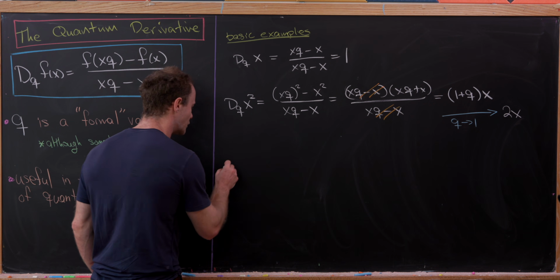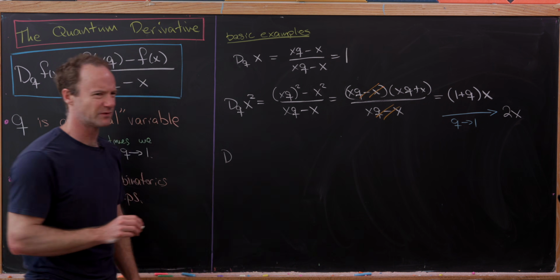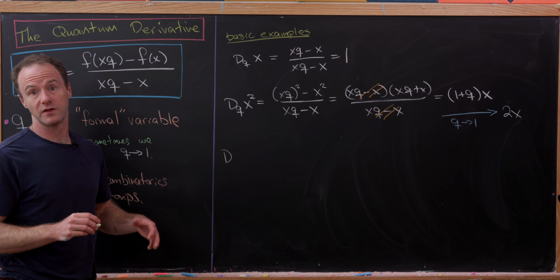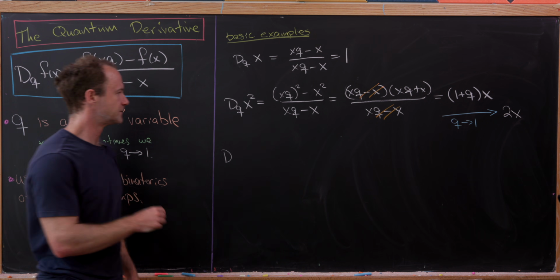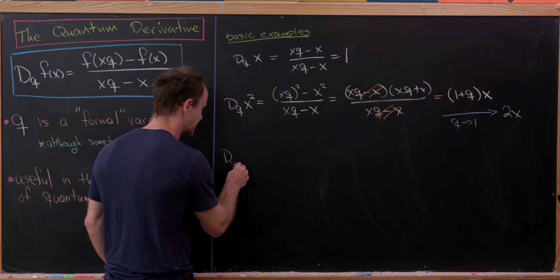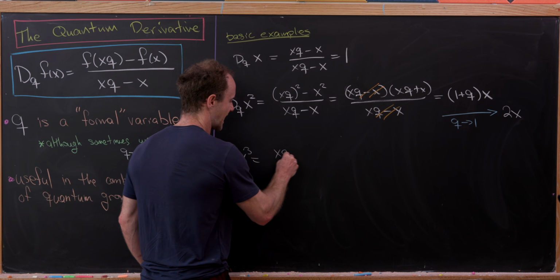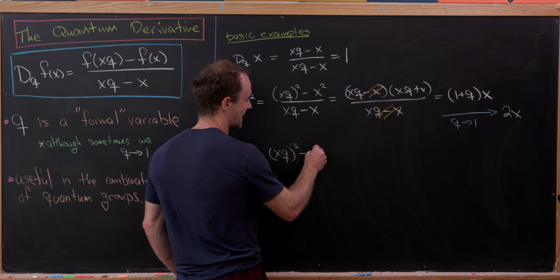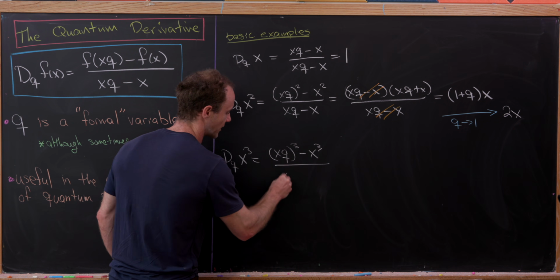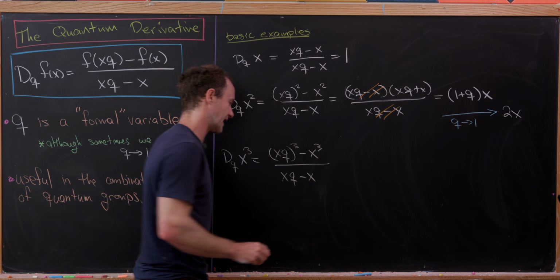Okay, well, let's maybe do one more basic example before we prove the quantum power rule. Okay, so let's maybe do dq of x cubed. So that'll give us xq cubed minus x cubed over xq minus x.